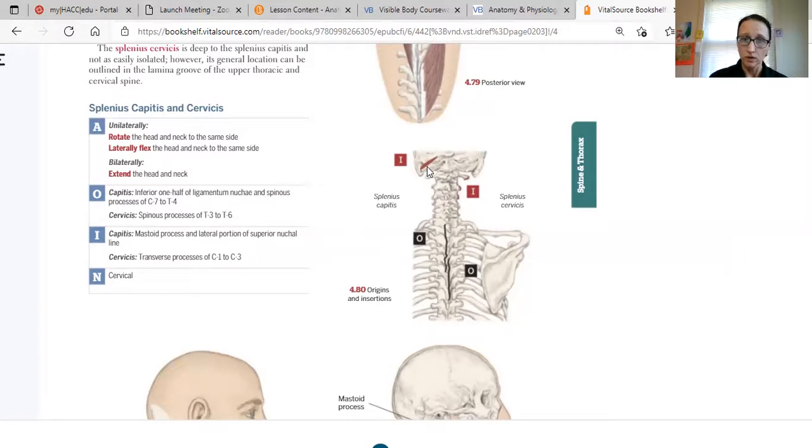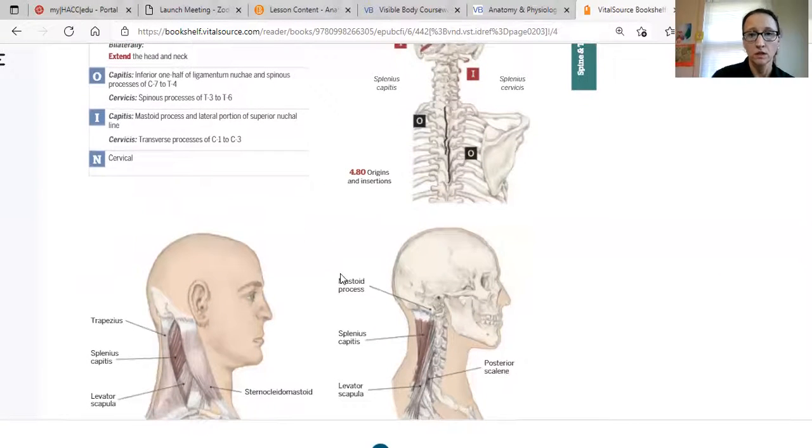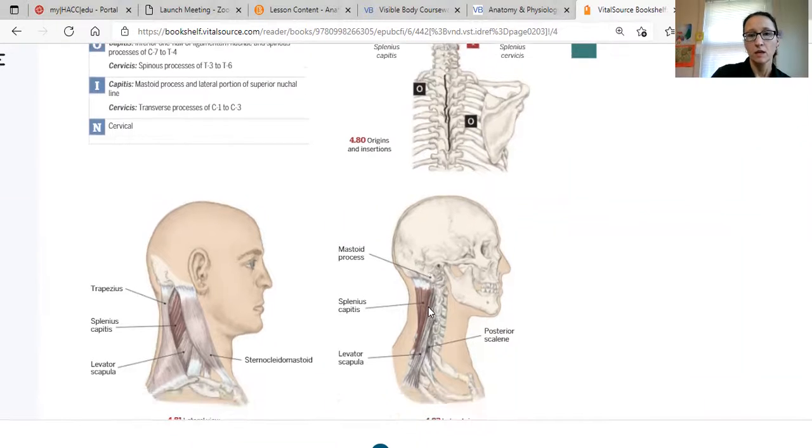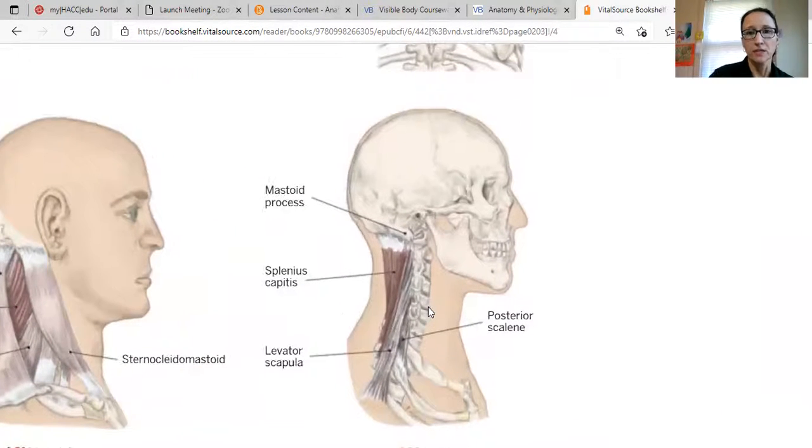Now it inserts, of course, up on the skull. That was part of the name, and specifically the mastoid process and the lateral portion of the superior nuchal line. So let's show you where the mastoid process is. Right there is the mastoid process.